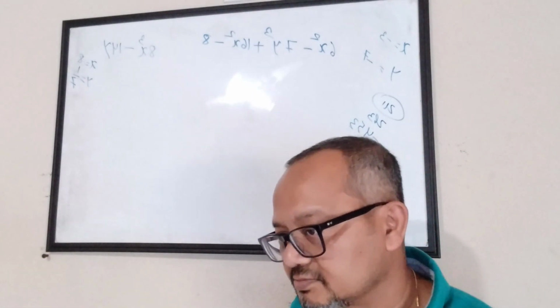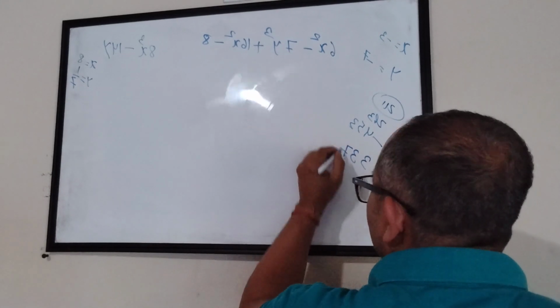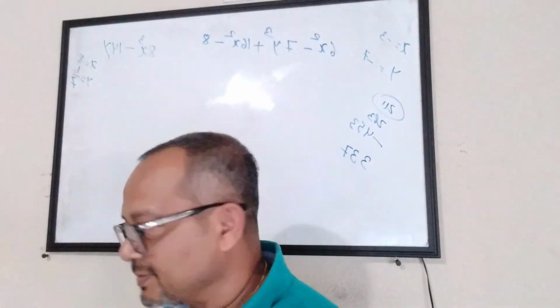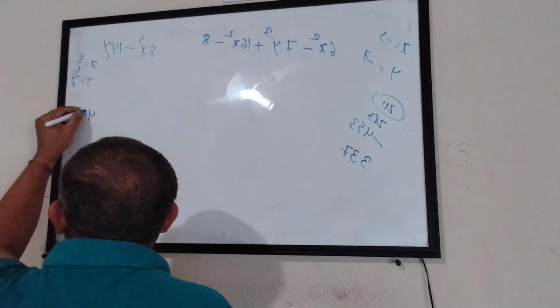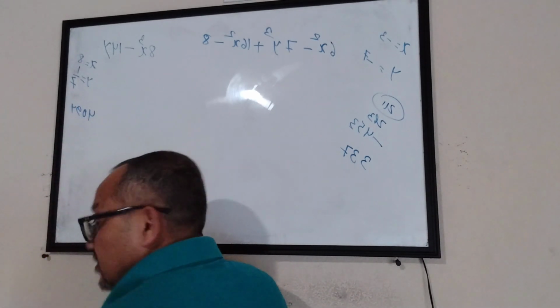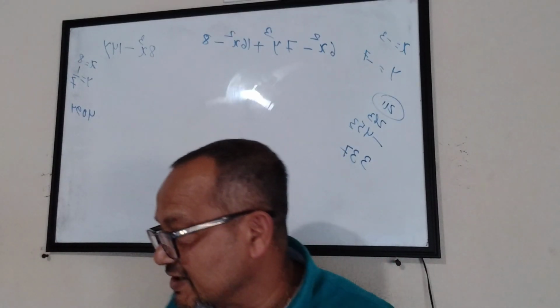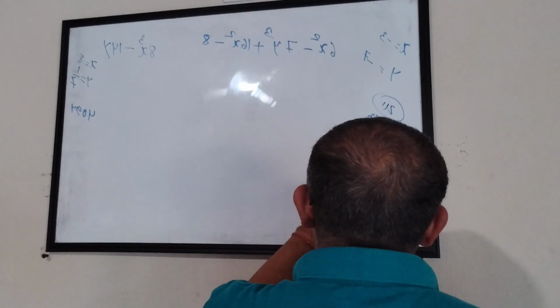I got 337 for the first one. And the second one, I got 4,094. Okay. See the amount of diversity we have in the class. For the first one, I got 2195.